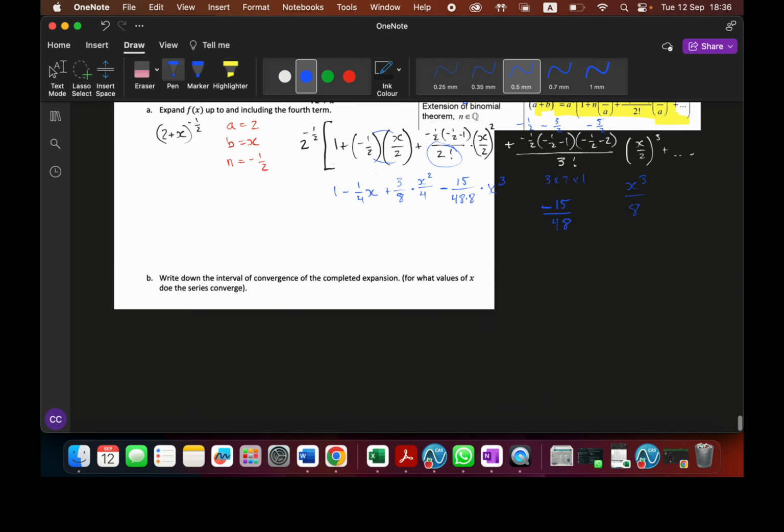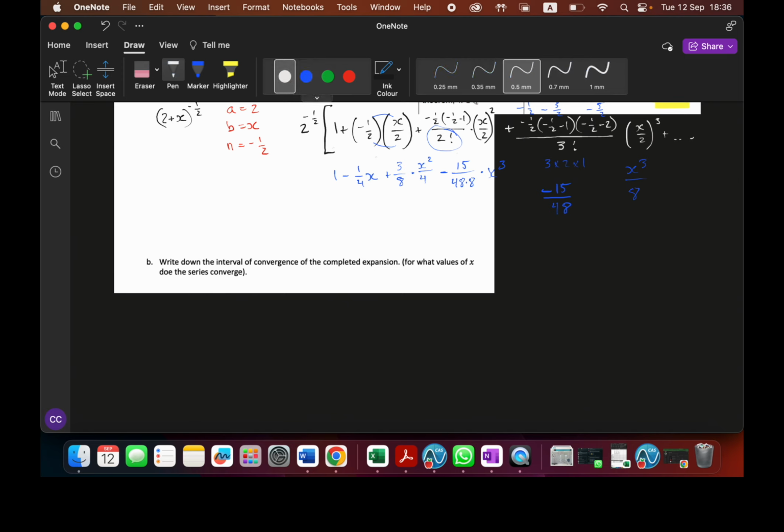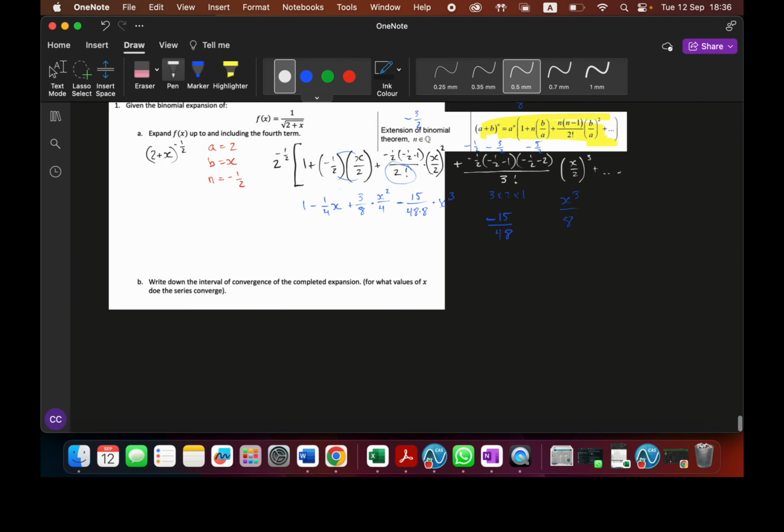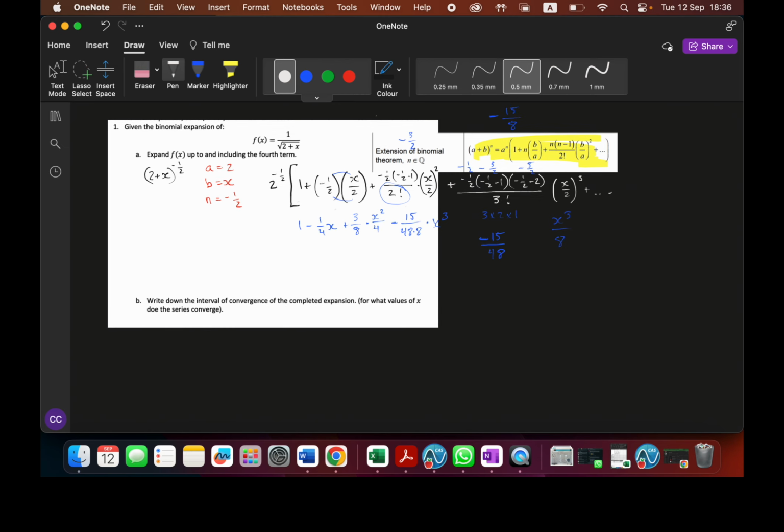Now, after we've done that, we were asked to write down the interval of convergence of the completed expansion. So we're looking for the values of x for which this series converges. Series that converge, we talked about this when we dealt with the idea of a geometric series. The ones that converged were the ones where the absolute value of r was less than or equal to 1.